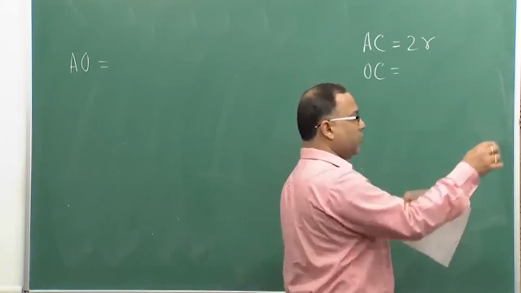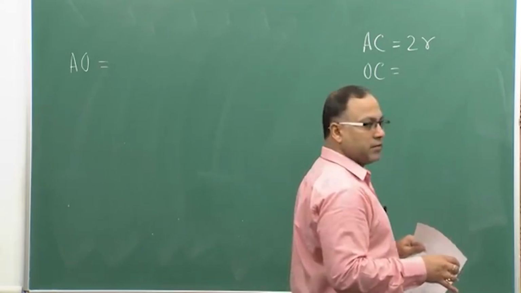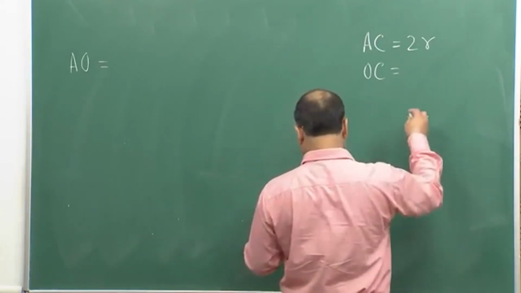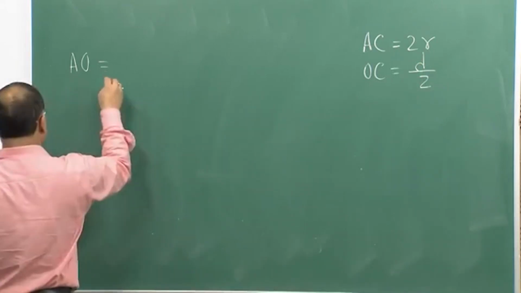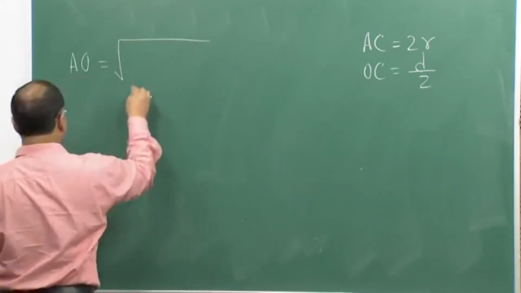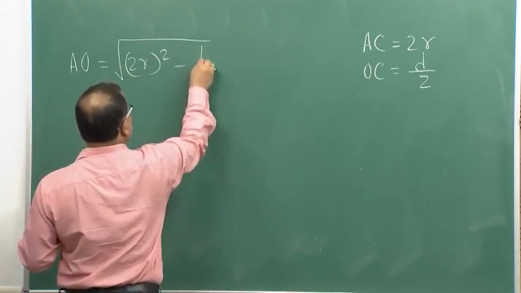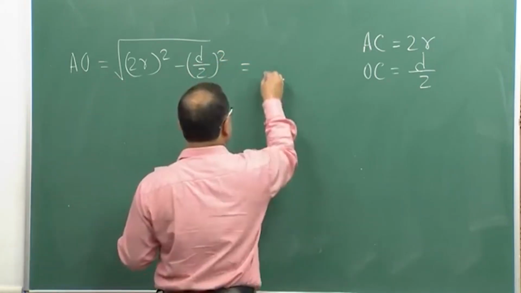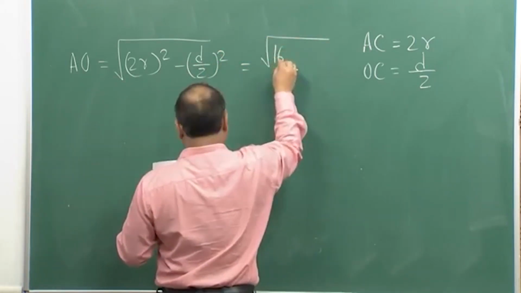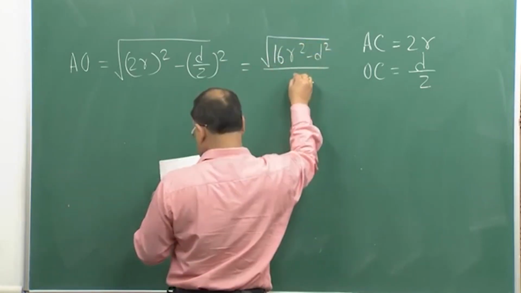So, AO is the square root of (twice r) square minus (d by 2) square, which gives root over 16 r square minus d square, by 2.